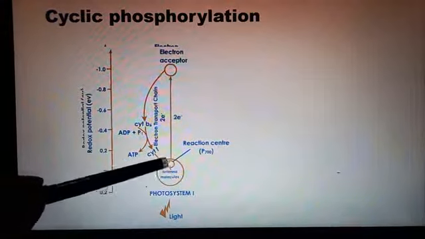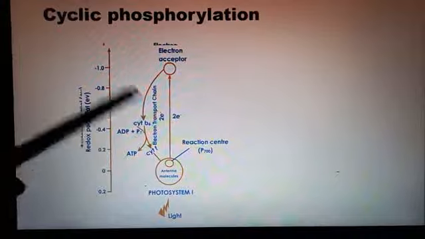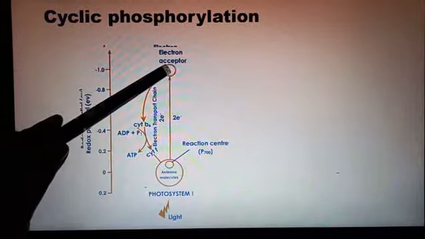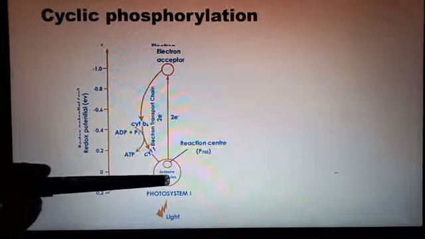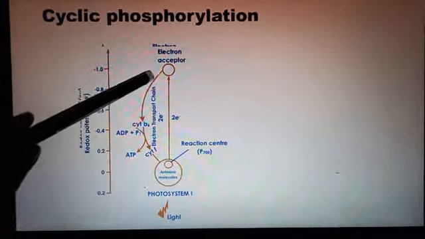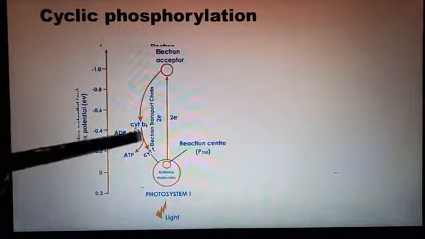After getting light energy, the system becomes excited and releases its electron, which goes to this acceptor, and from there it comes back again to the photosystem via different electron carriers. This diagram shows the electron transport chain, and these are the carriers.